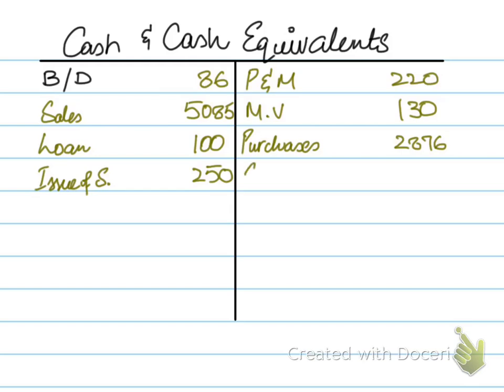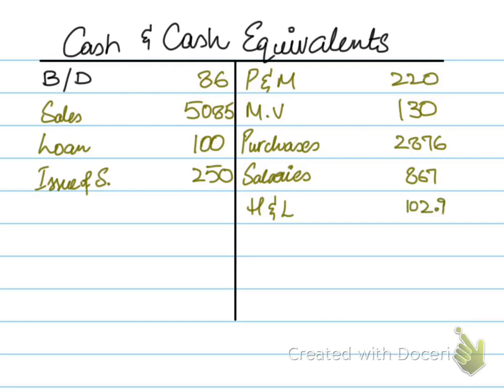Then the salary. So I've added all the salaries, including the 123 for the salesman. So this will be 867. And then all the expenses, heating and lighting, after the 5% increase was 102.9.